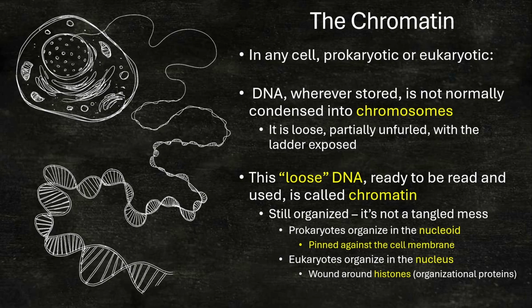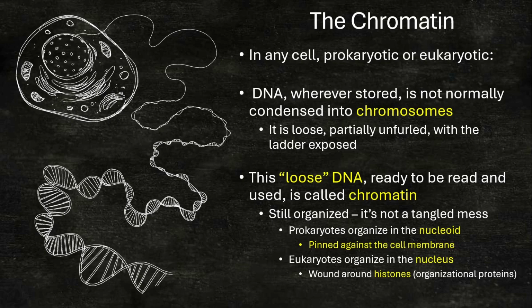Now, in any cell, prokaryotic or eukaryotic, DNA is going to have to be stored. And when it's stored, it's not normally super condensed into chromosomes that we often see and think about when we look at images of mitosis in action, where cells are actively dividing and pulling chromosomes apart from one another. Instead, DNA is loose. It is partially unfurled with that nucleotide ladder exposed.